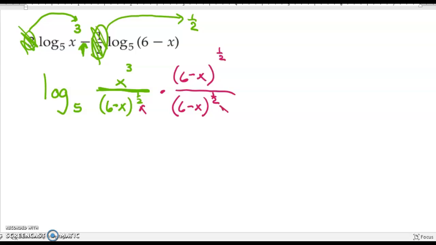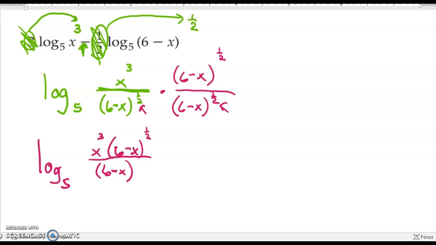So all I'm doing is multiplying it by a square root. So I would end up with log base 5 of x cubed times 6 minus x to the 1/2 power over 6 minus x, just like that. Because this is a square root times a square root, and the square roots cancel each other out.